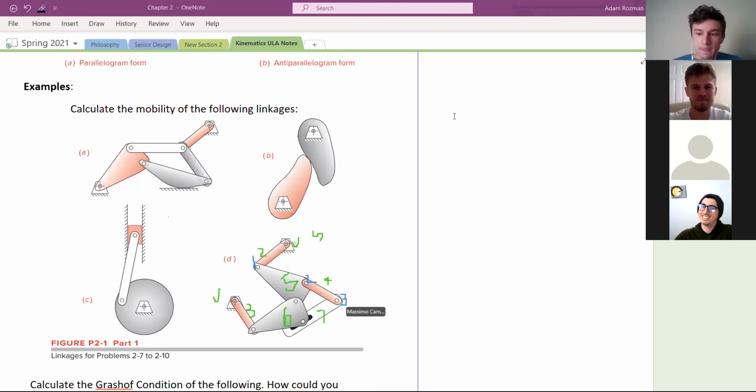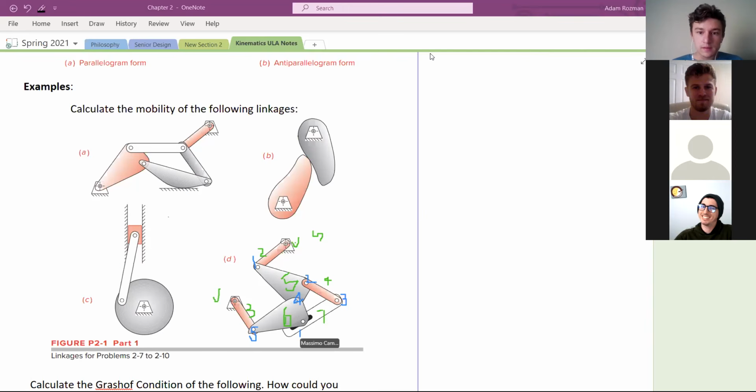Okay. So I thought if it could translate and rotate, doesn't that make it a half link? You mean a half joint? Yes, sorry, half joint. That's what I meant. So then this is a half joint. Correct.